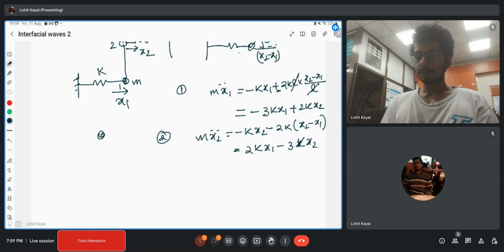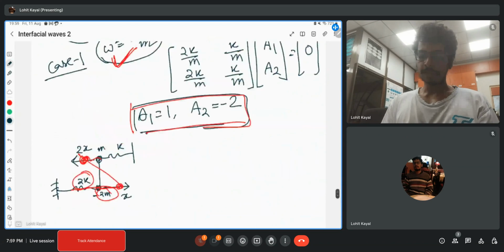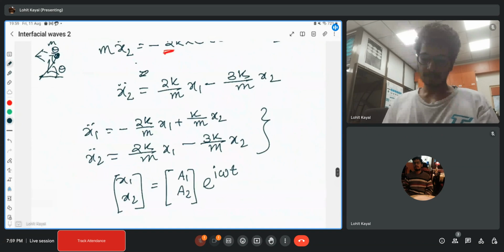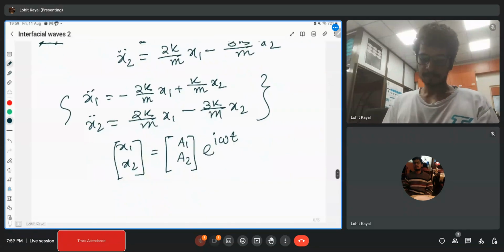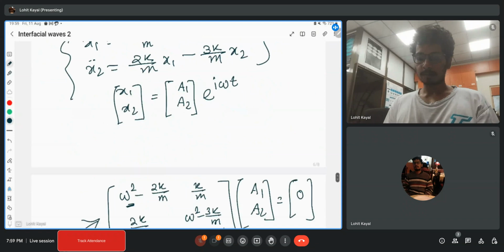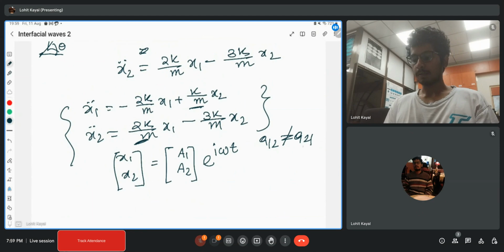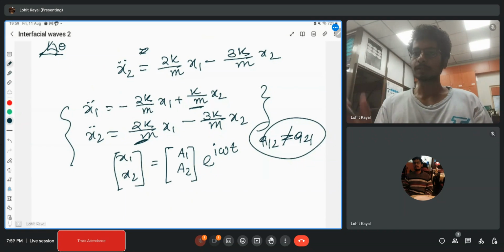Can you see a pattern forming here? Previously the system was not symmetric. As a result, the governing matrix was not symmetric as well. You can see that aij is not equal to aji, so a12 is not equal to a21, because the system itself is not symmetric. How can you expect a symmetric matrix governing your system?